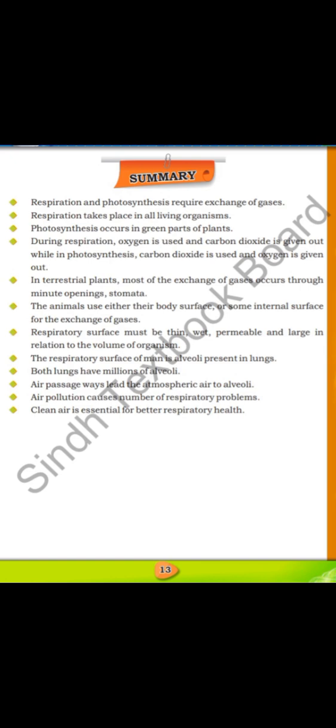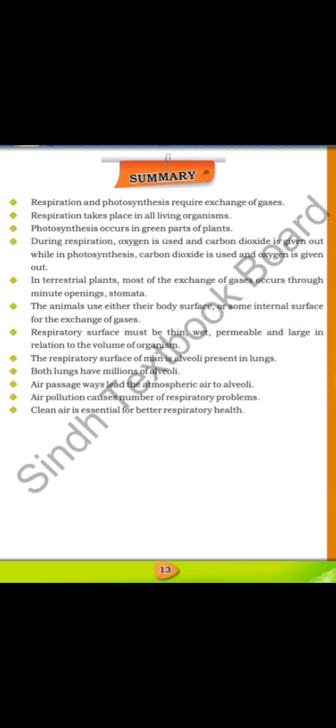And now come to the point number 2, that is respiration takes place in all the living organisms. Dear students, respiration is necessary for all the living organisms, while photosynthesis only occurs in the plants.